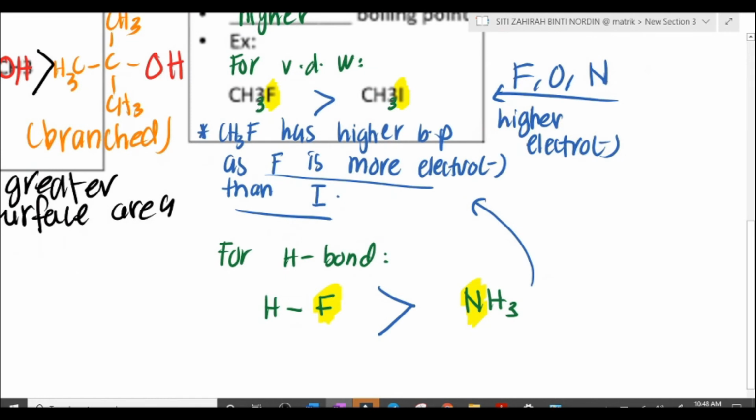Just look at the trend. Remember, F is the most electronegative element in the periodic table, so F is more electronegative than nitrogen.